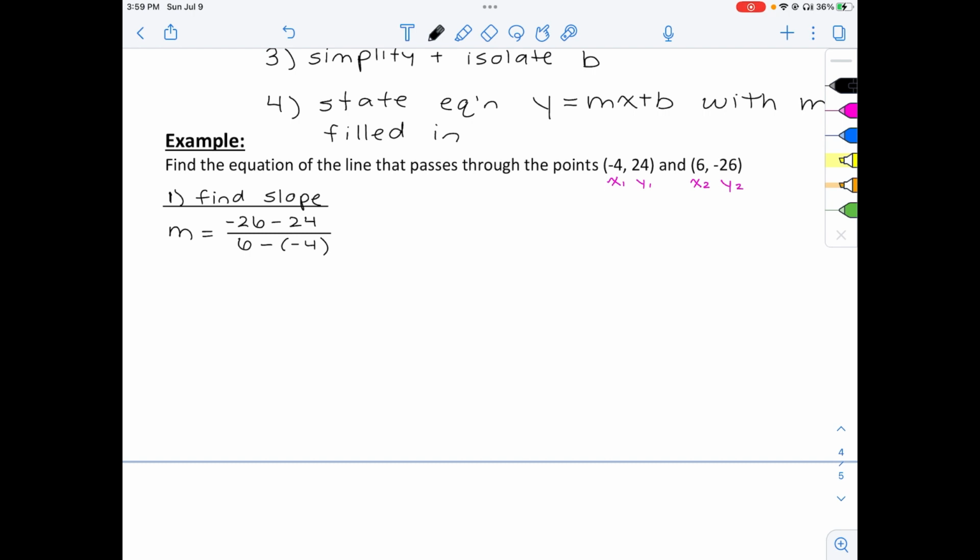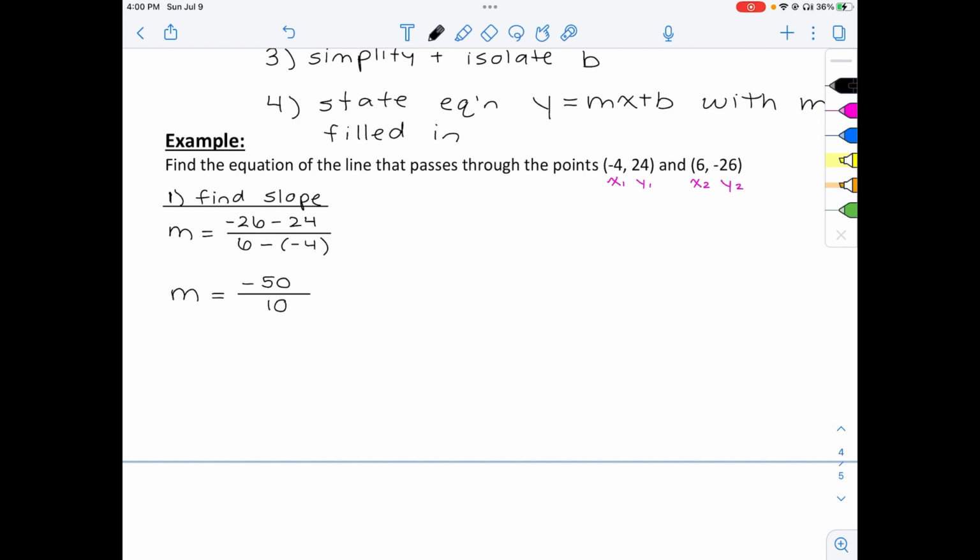Because even just the numbers on top are larger than maybe what you're used to, it's totally fine to use a calculator to double check your work. So -26 subtract 24 is -50, and then 6 subtract -4 is really 6 plus 4, so that would be 10.